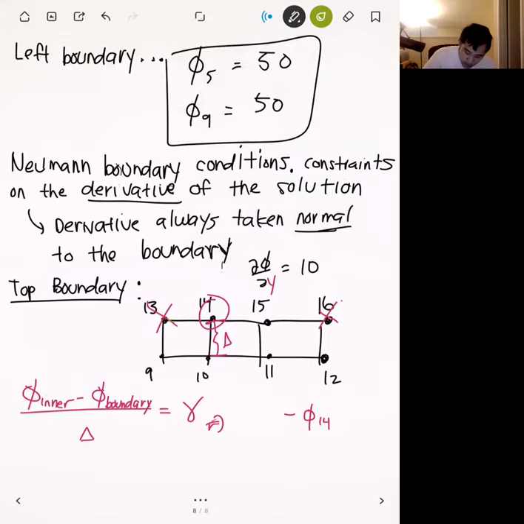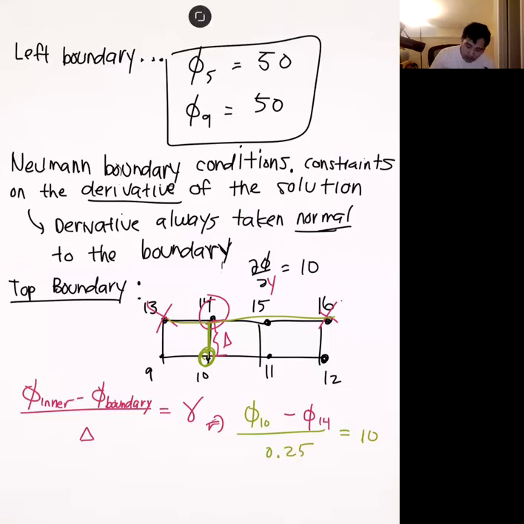Since the boundary is shown by this line right here, its immediate neighbor right next to it, in the direction perpendicular to that, is phi 10. And so we have phi 10 minus phi 14 is equal to 10. And then we're going to divide this by the grid spacing, where the grid spacing here is 0.25. Okay. And if we simplify this, we can get our boundary equation for this node.